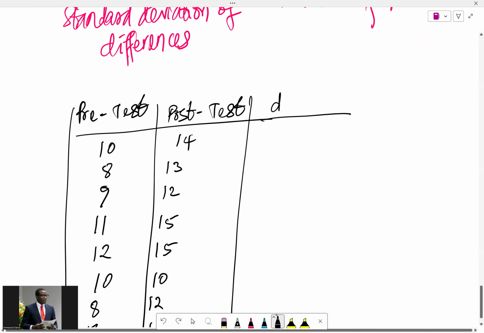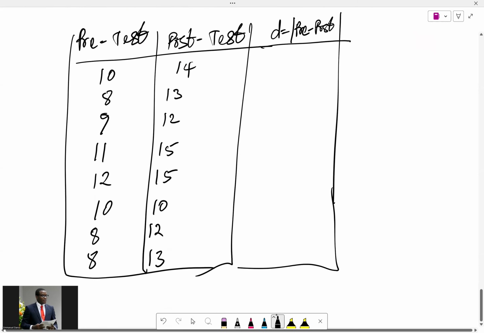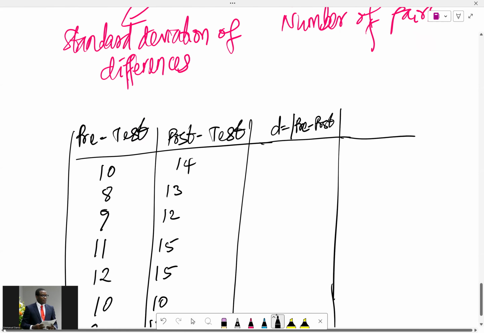So we need D. So D is the absolute value of pre minus post. Let's do it that way. I just want to see if I can do everything in this table at once. And then we can now have D minus D bar.